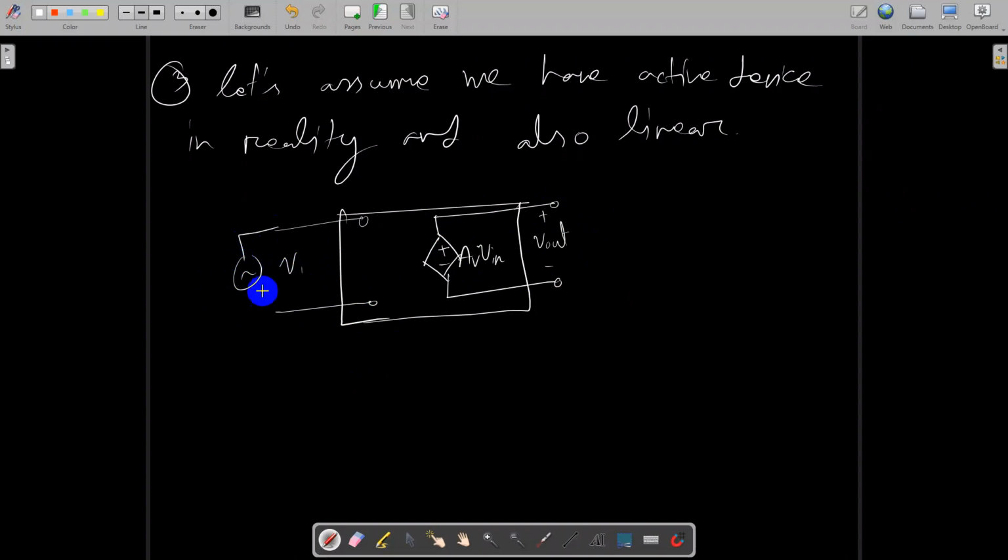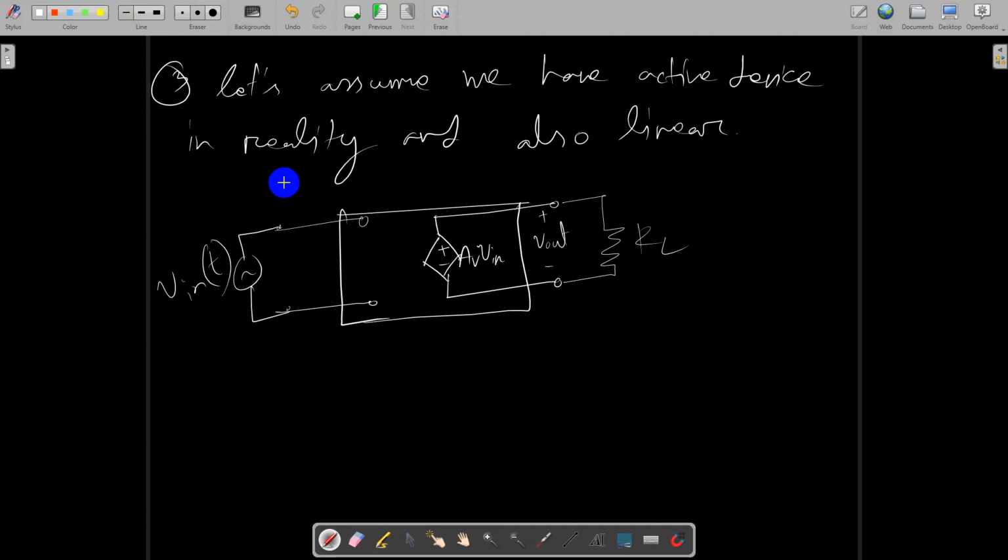This is the V_in, V_in of t, and I'm removing that thing. This is V1. Now the question: where is the load? This is the load.